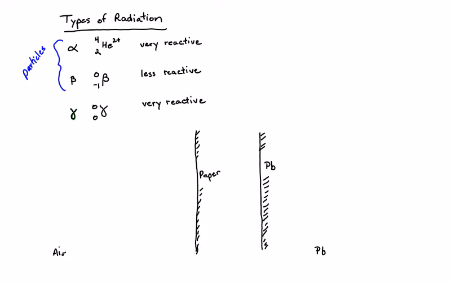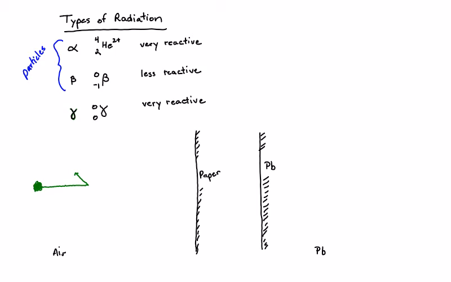Now, if we were to take radioactive material and suppose that that material was capable of emitting alpha, beta, and gamma radiation, what we would find is that some of the radiation wouldn't even be able to get past this layer of air before it gets either deflected or it gets consumed in some way.